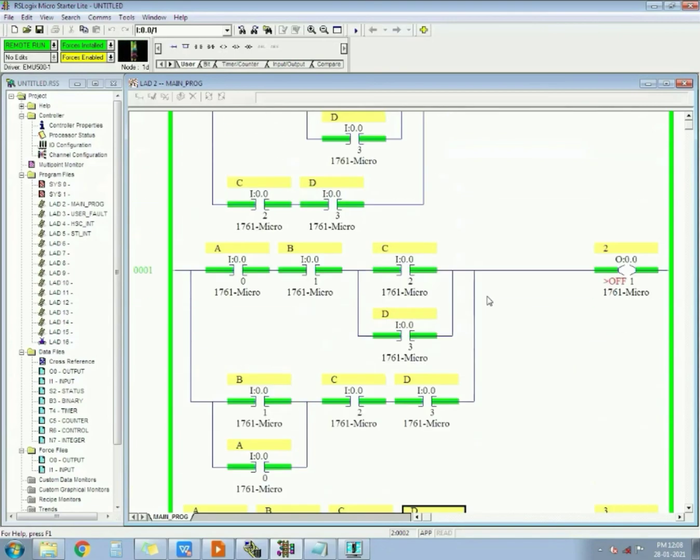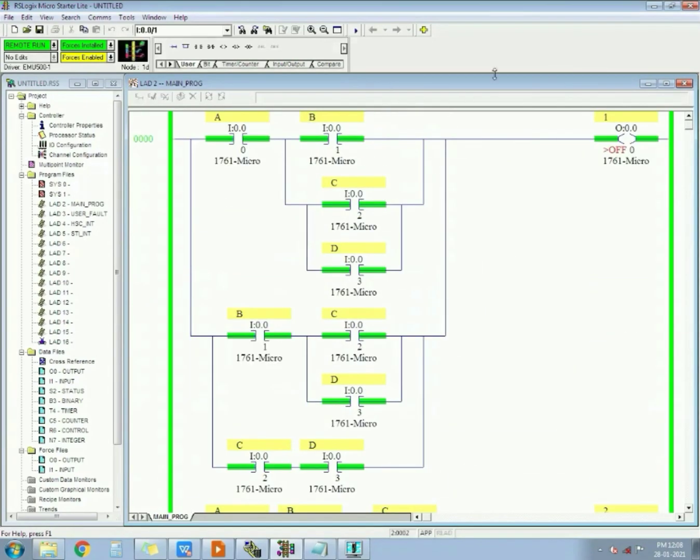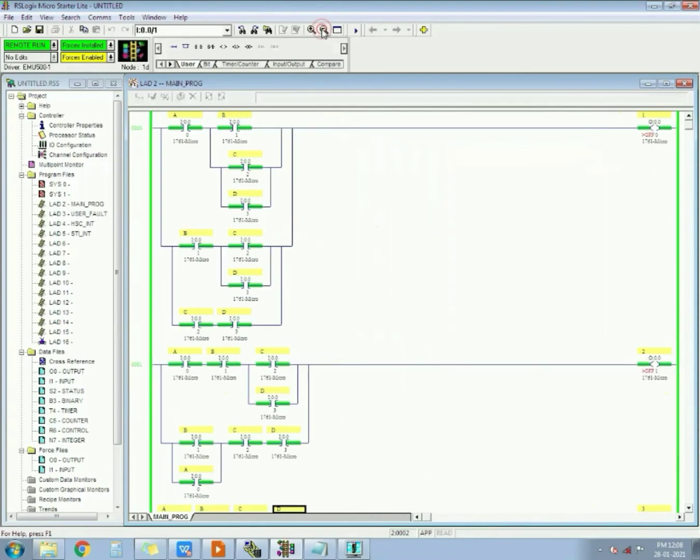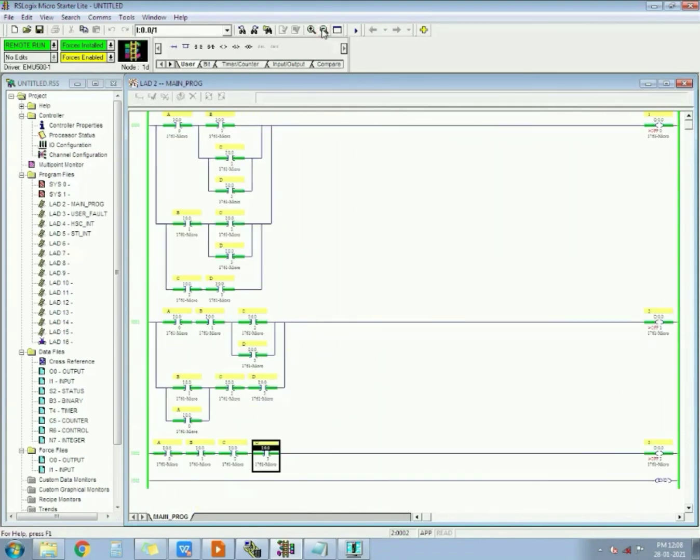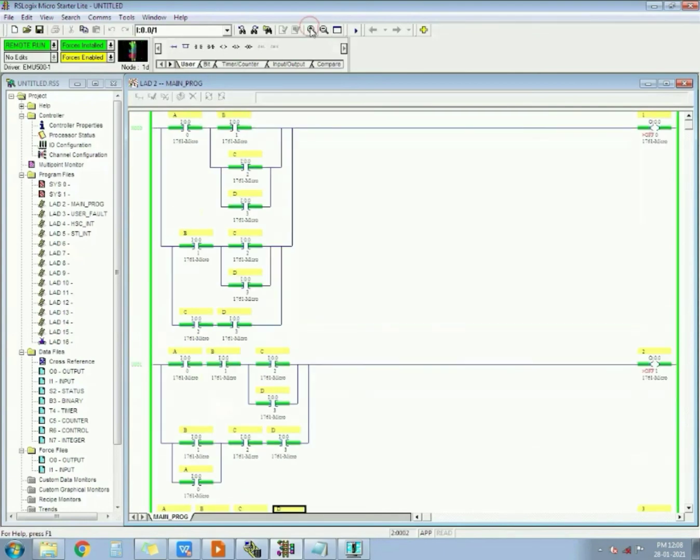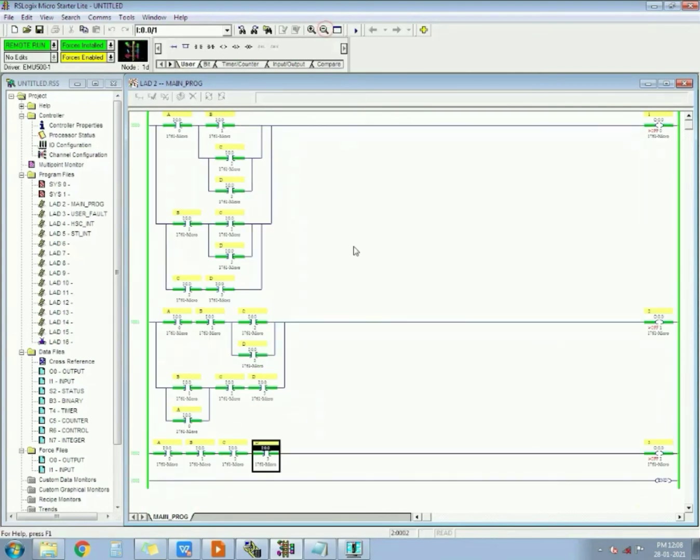So this is our program, in one shot you will see it like this. This is a big program, you have to practice it, then only you will learn how to make these types of programs. Let's switch off all the inputs.